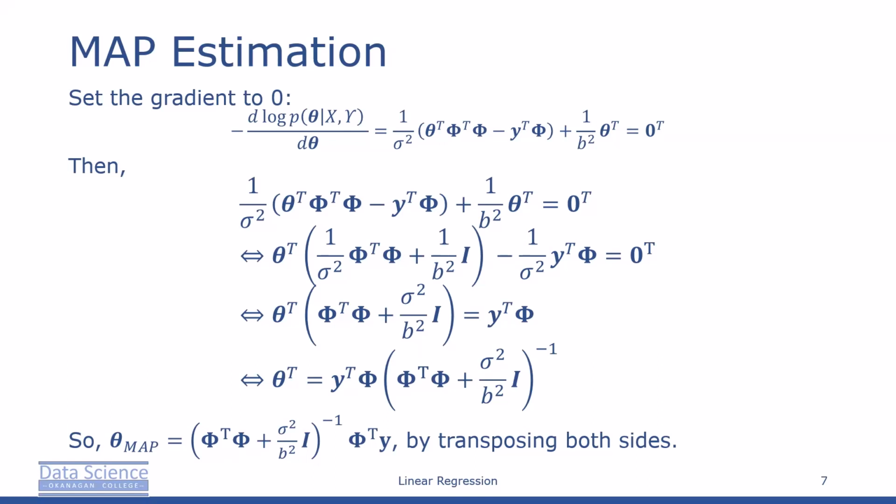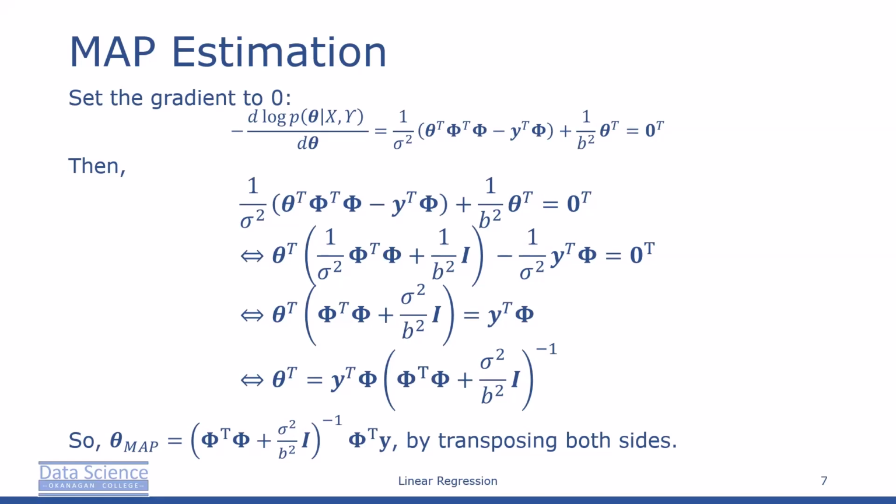When we do this, we get 1 over sigma squared times theta transpose Phi transpose Phi minus y transpose Phi plus 1 over b squared theta transpose equals 0. And that's true if and only if theta transpose times (1 over sigma squared Phi transpose Phi plus 1 over b squared I) minus 1 over sigma squared y transpose Phi is equal to 0.